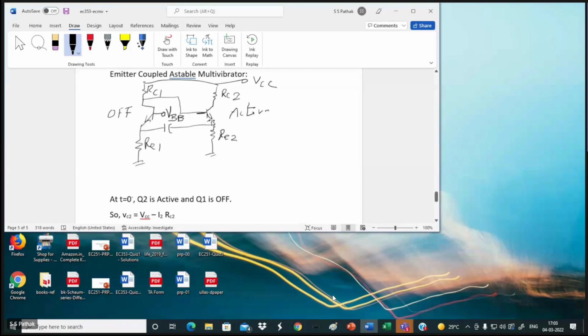When that becomes off, this one will become high. I am marking this one as my T1 and this one is my T2.